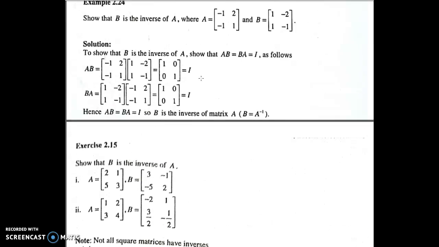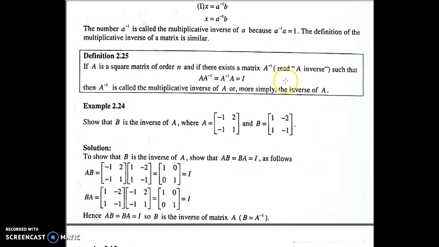So let's talk about it now. If A is a square matrix of order n, and if there exists a matrix inverse such that A, the original matrix, times the inverse matrix, or the inverse matrix times the original matrix, you should get the identity matrix. Remember, the identity matrix, which is in this form, 1 and 0.